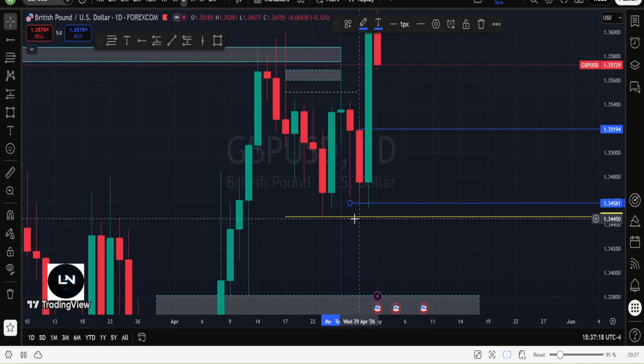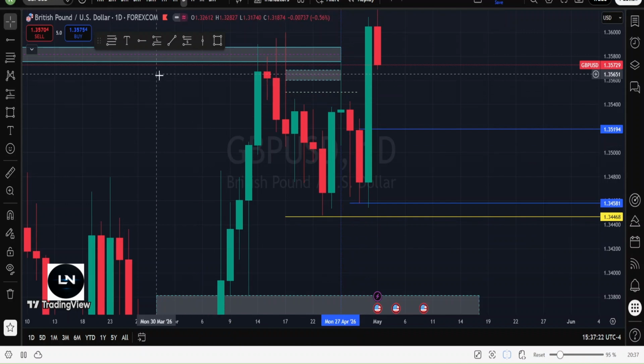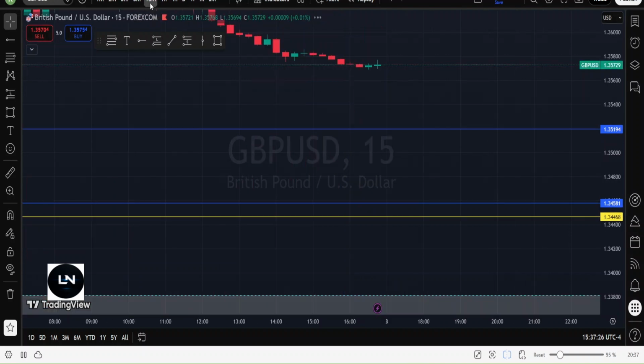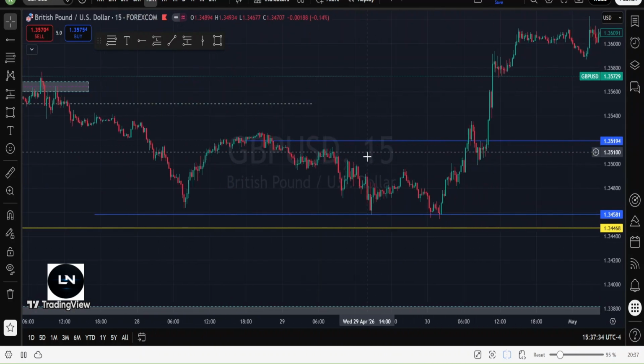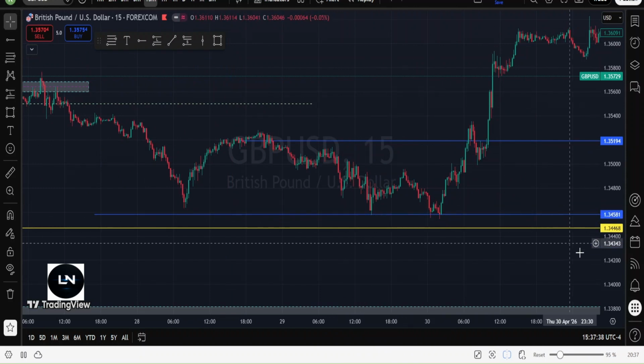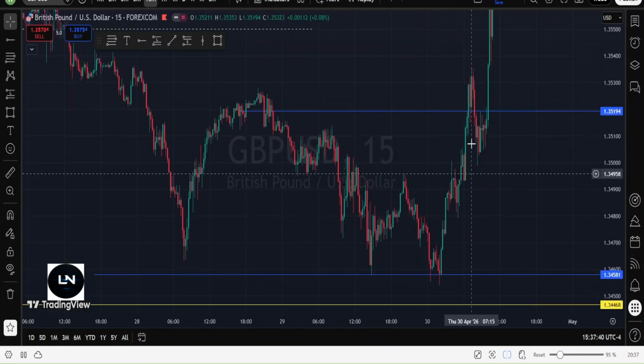It never got to the low that we mapped out. So just to show you, it's not prediction, it's all about following the price action and how price delivered into those levels. Price never got to the area we were expecting it to get to, only took out liquidity here and never got to this area before moving up to the upside.